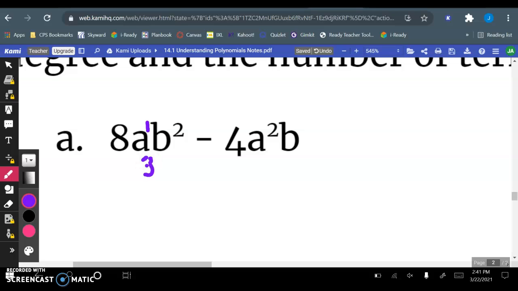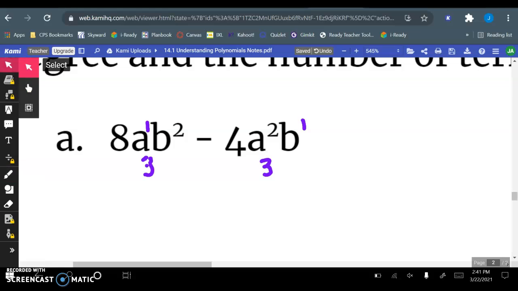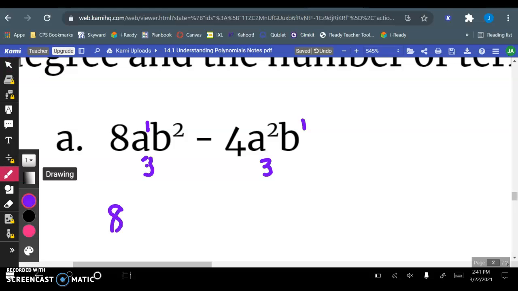The degree of that term is a 3. Over here, same thing. B is a 1, so 2 plus 1 is a 3. So the degree of both of these is a 3. So we can leave it like this for standard form. And then the leading coefficient in this case is 8. That's the leading coefficient.